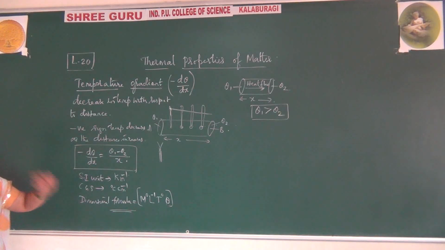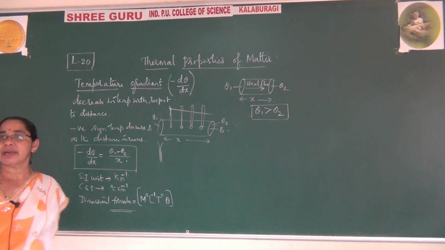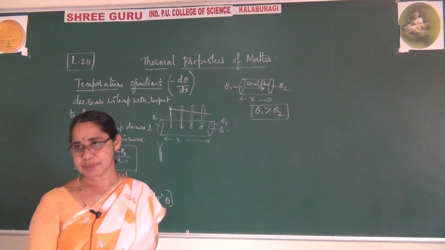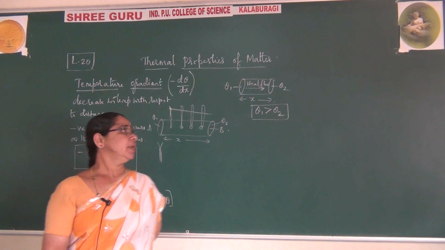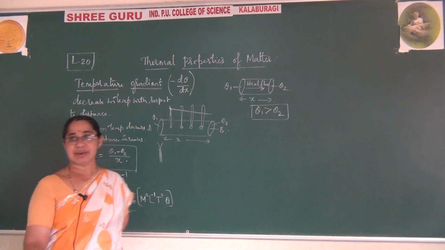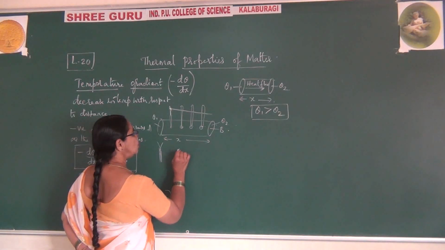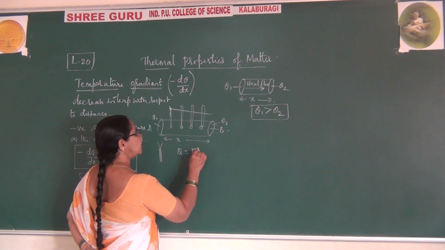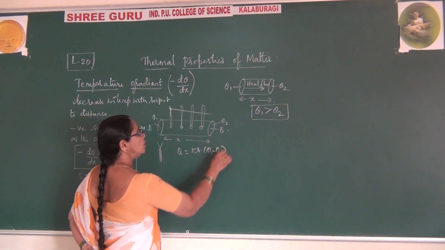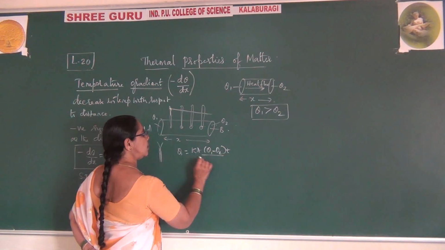So this is one type of definition you come across here under this conduction concept. Okay, now by using this, yesterday we learned conductivity, where we learned the formula Q is equal to K A (theta 1 minus theta 2) t by x.